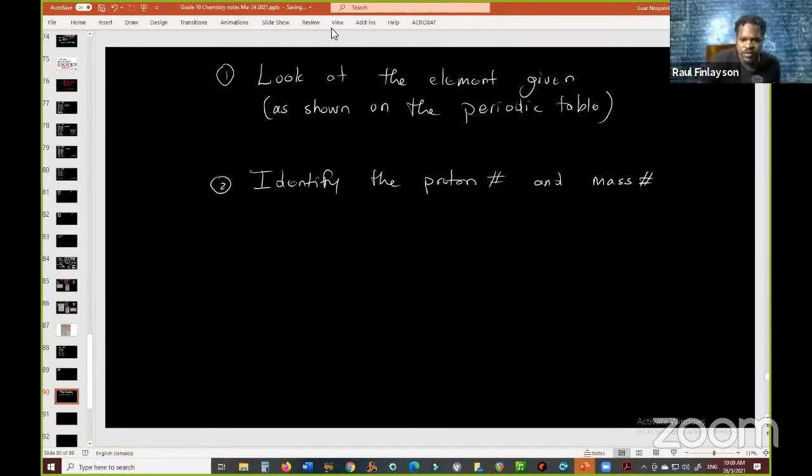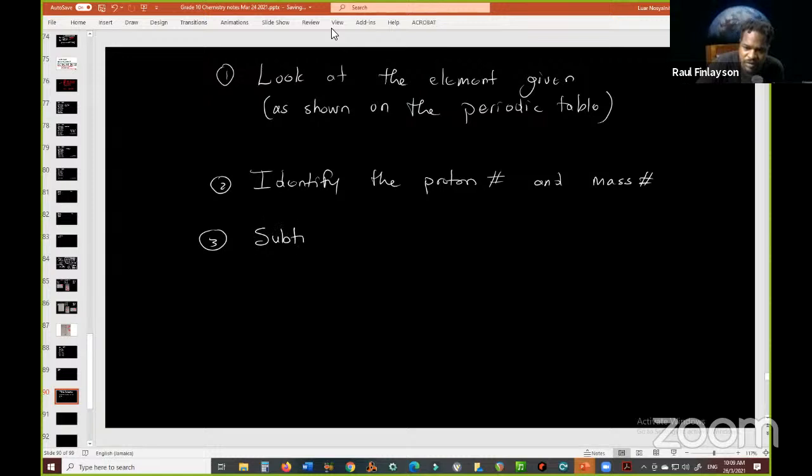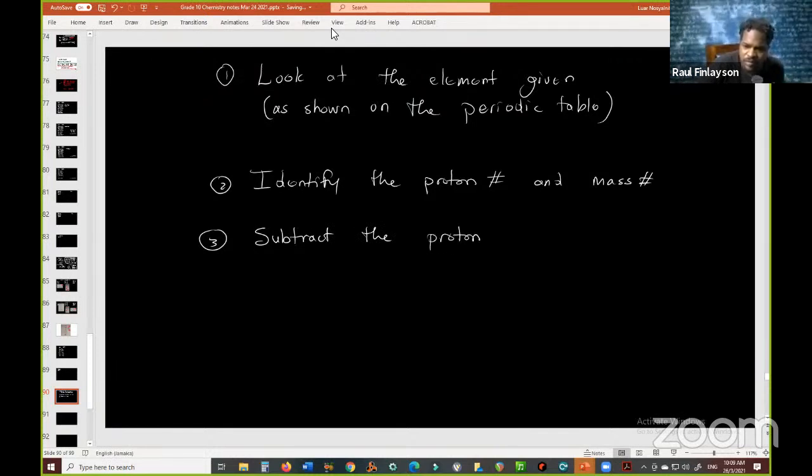Step 3, once you find that, you're going to subtract the proton number from the mass number.